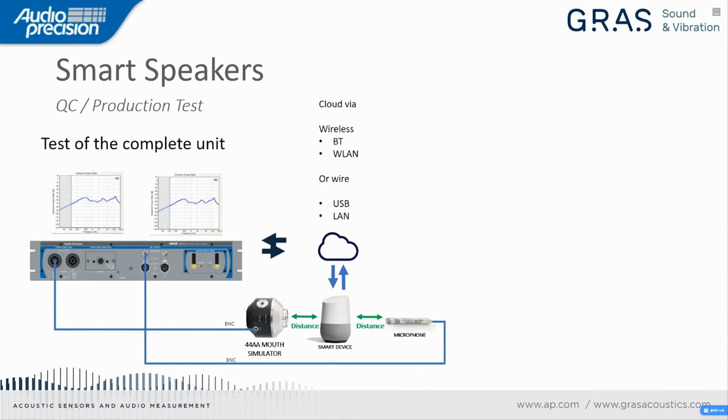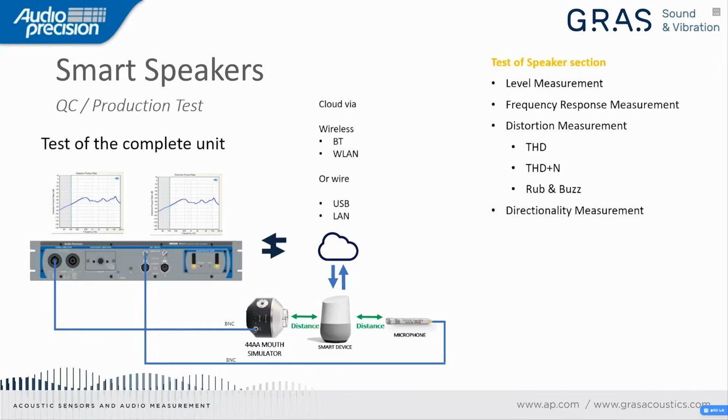We will come back to these tests on the next slides. When we do this, then we are able to test the speaker sections. And again, it's the same parameters as we already have discussed.